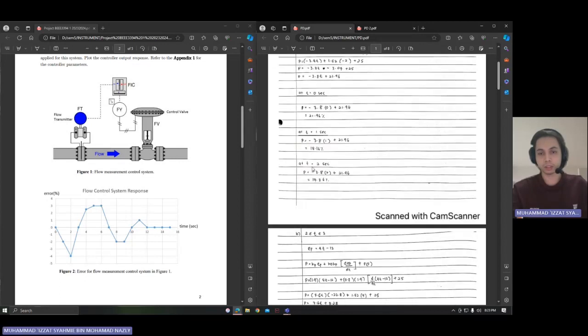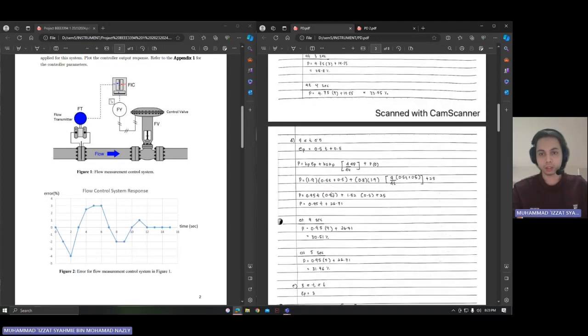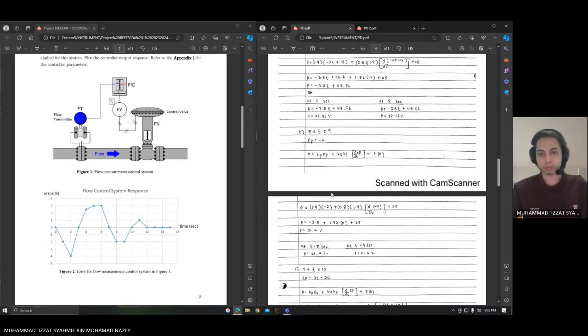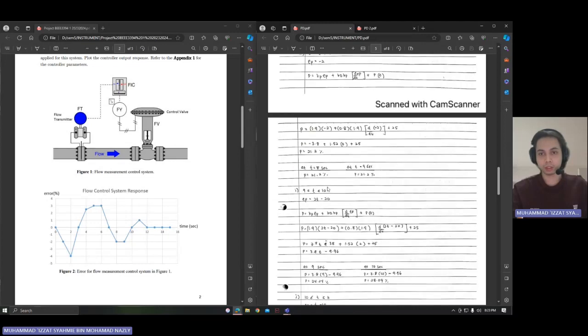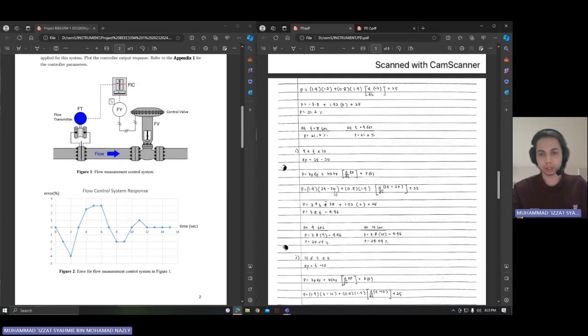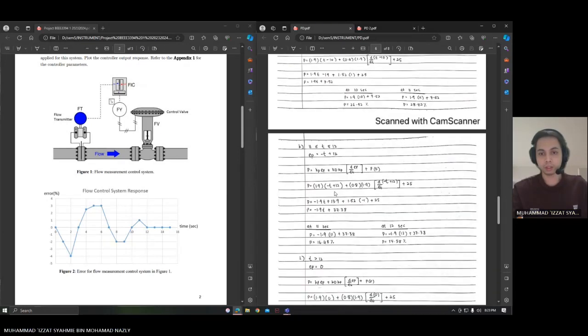And at time 2 seconds, we insert 2, so we got 14.36%. It's all the same: just use the formula and insert Kd, Kp, and Ep.